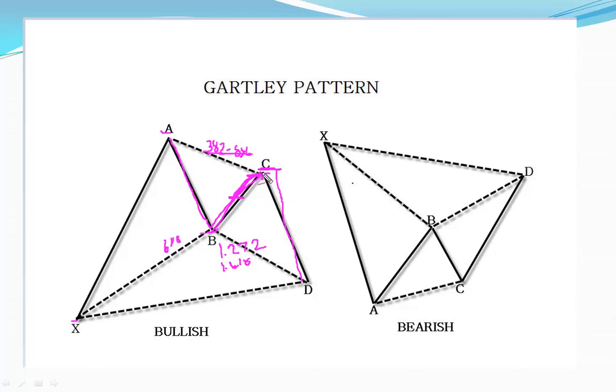So the market extension goes from B to C down to D, a 1272, 1618 of that B to C. Okay? And then right here, 786. So Gartley should not go more from X low to A high past 786 into the D pattern. And that creates a perfect Gartley. That would be a bullish Gartley pattern.